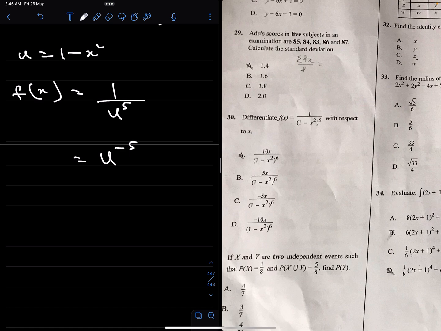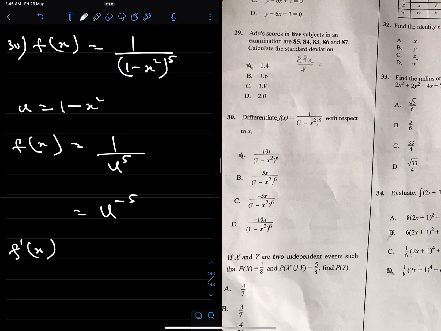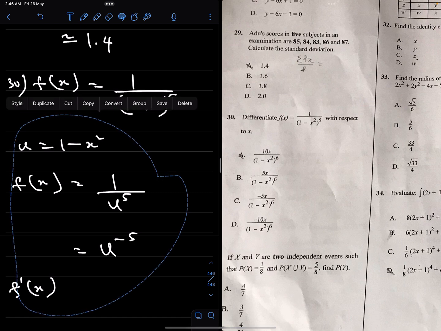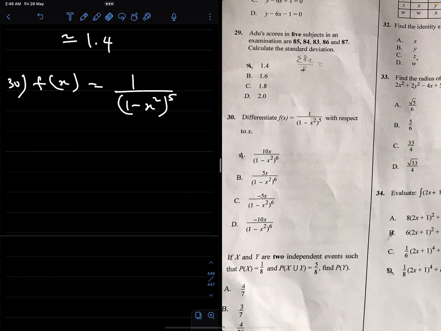If you don't want to get confused, you can make this f of x y, because we are used to y.